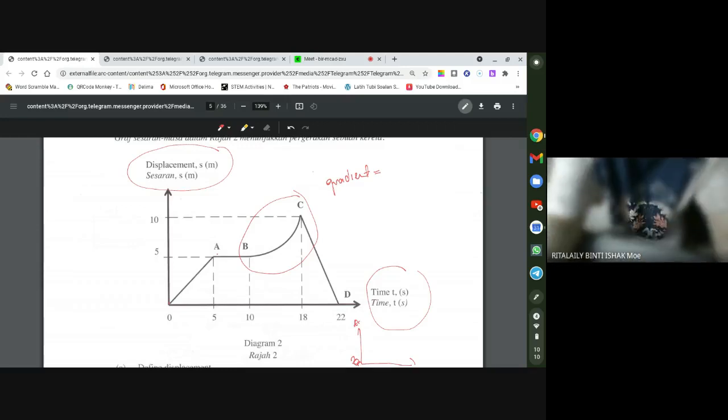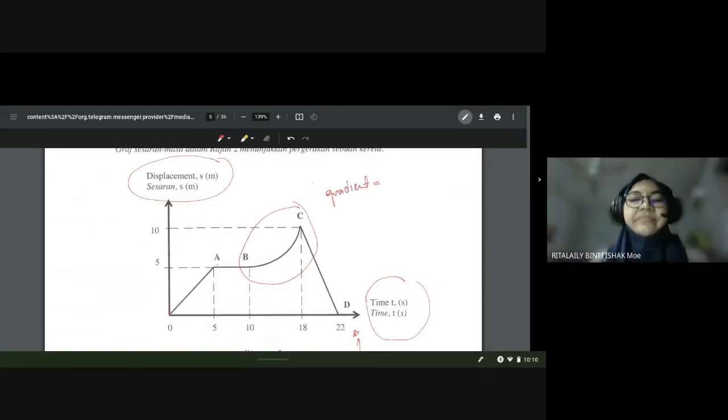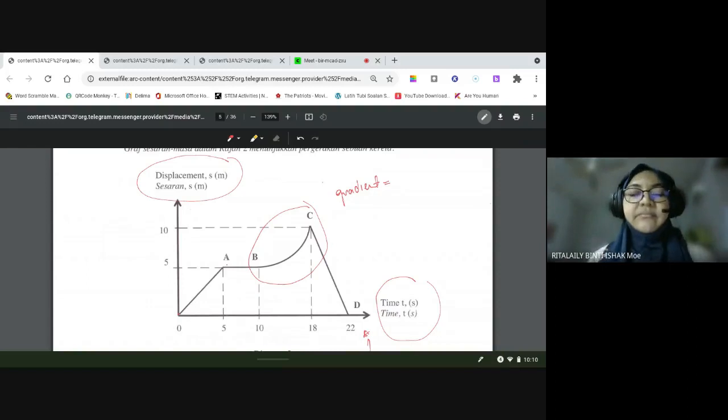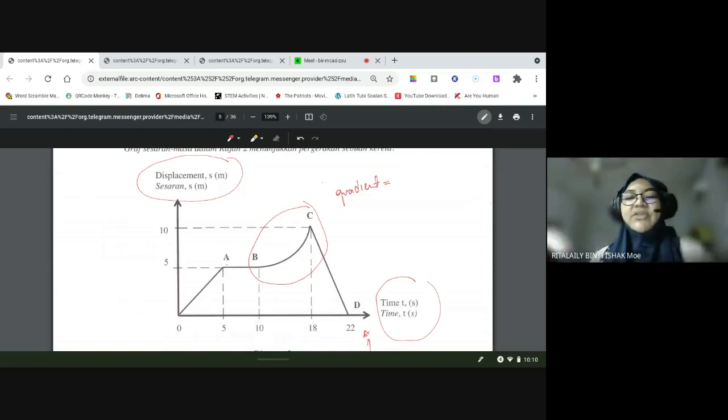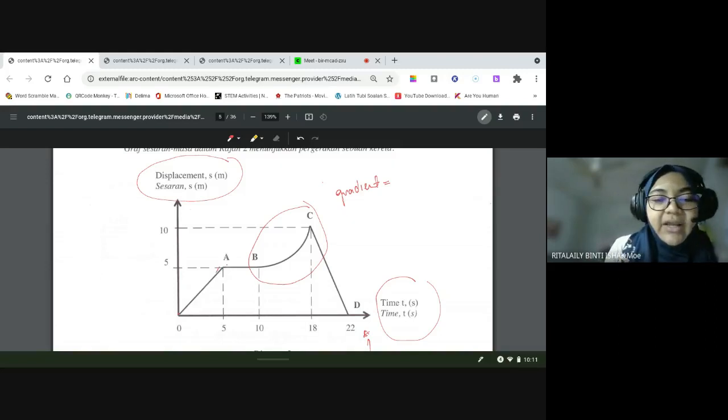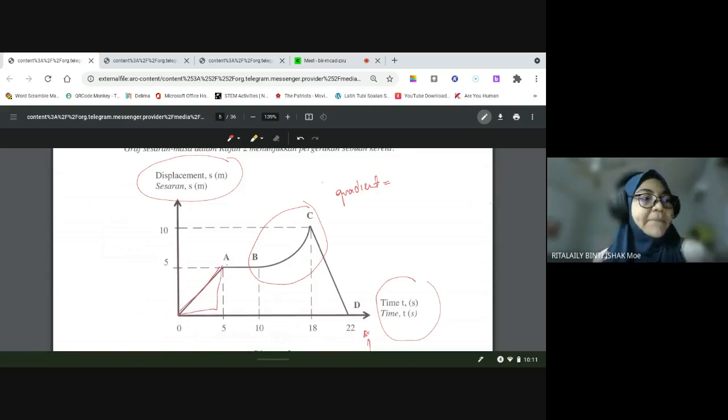Yes? Anybody? Velocity, okay? So gradient of the graph represent velocity. So kalau OA, what can you say about OA? Okay, OA tu dia punya motion dia macam mana?